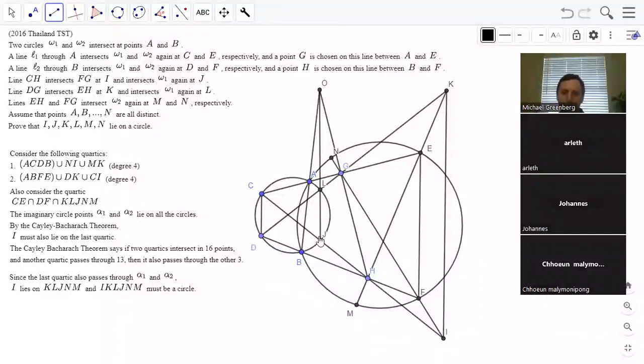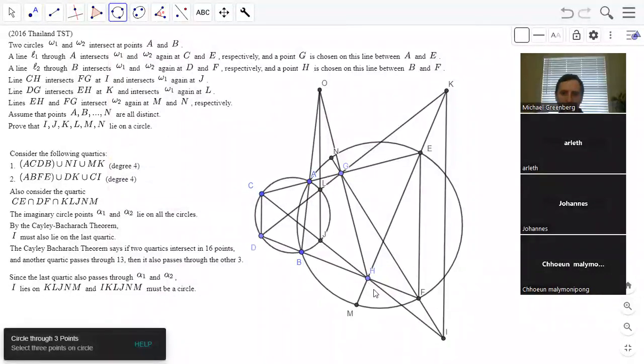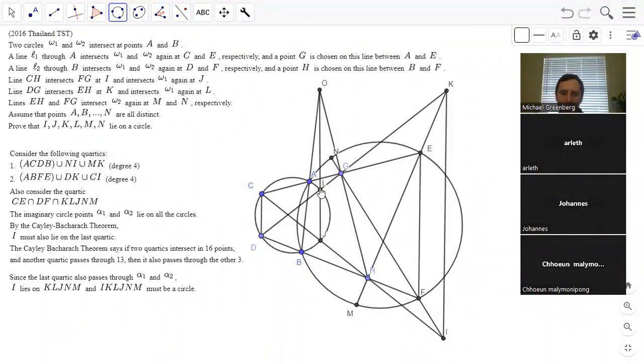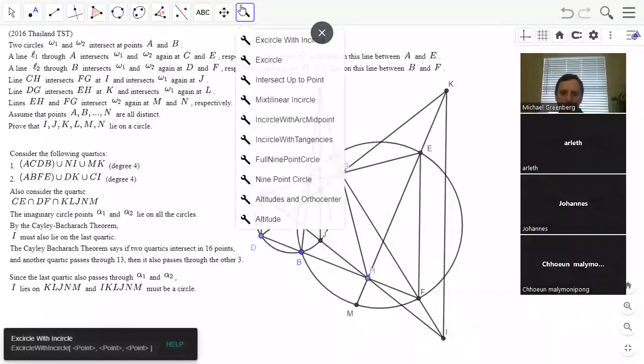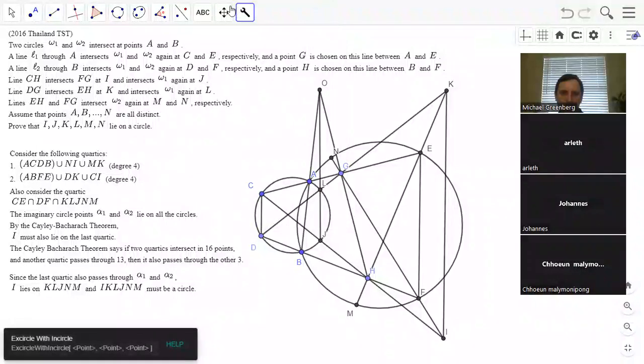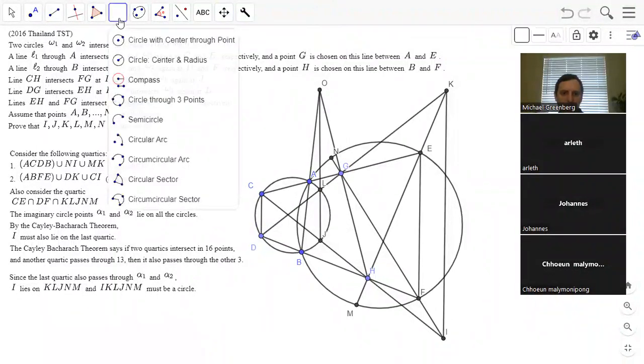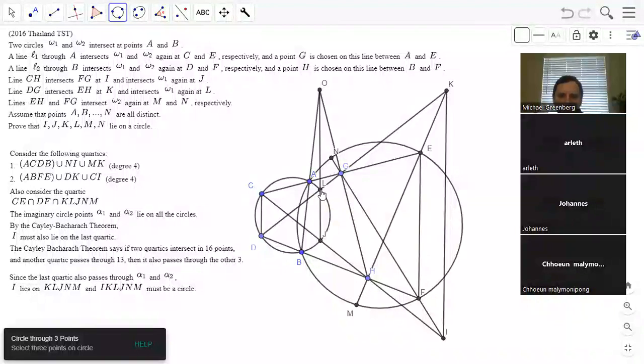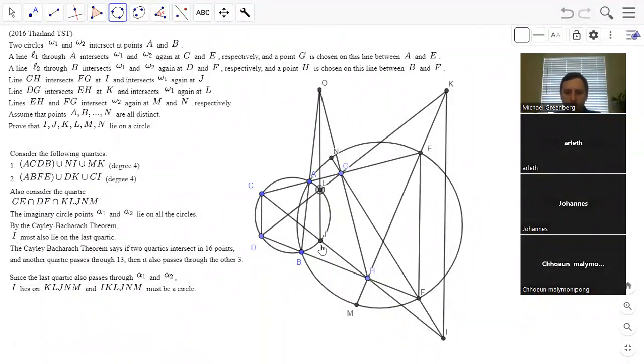And so, actually, would that be three circles? L, J, E. Oh no, that would just be two circles, I think, right?